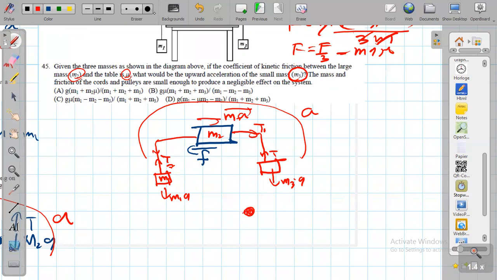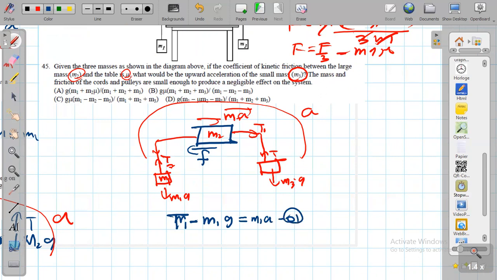Now, let me consider all three objects separately. Tension here for this mass: T1 minus M1G equals M1A.